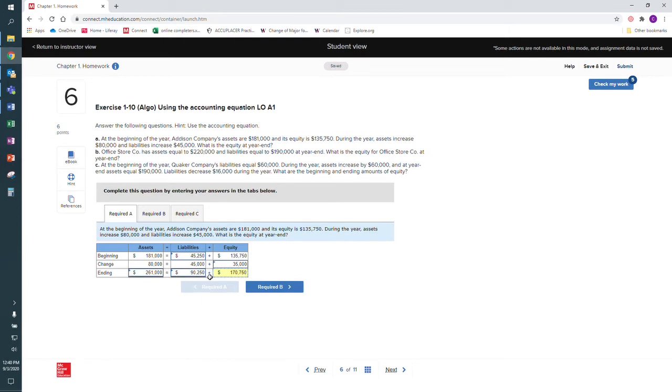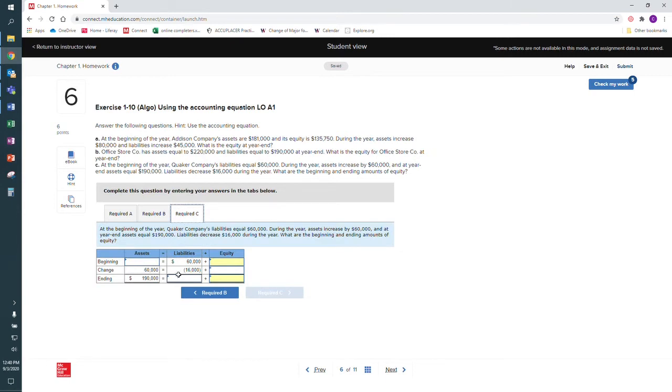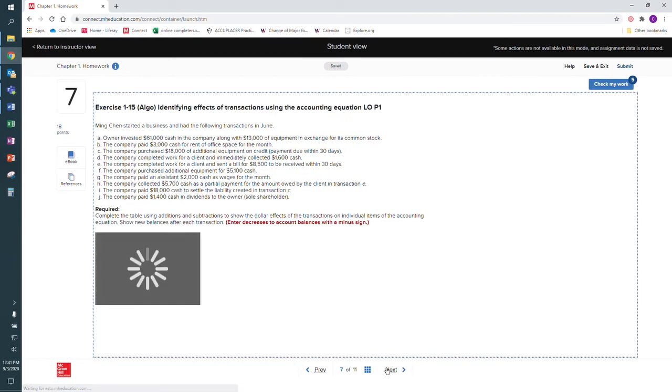My liabilities plus my equity equal assets of $261,000. Now again, you've got tabs here, or you can maneuver down here to do this again in required B and in required C. So it's just an exercise of filling in the missing parts of the accounting equation. All right, let's move to the next one.